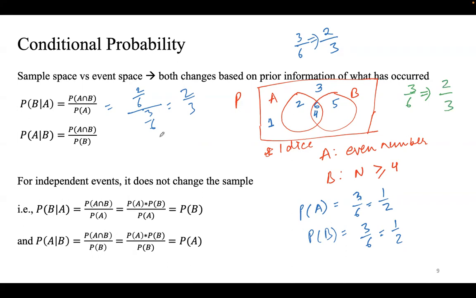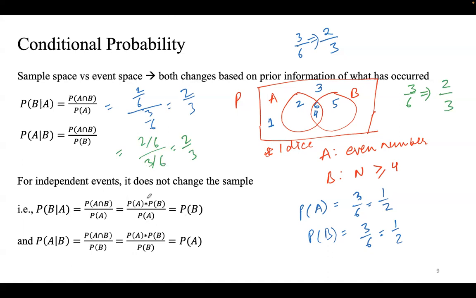But you get the gist, right? If you want, we can change the example. But this is how it is. You're changing the sample size now. The sample space is now different. It's reduced, but so are your possible outcomes, right?